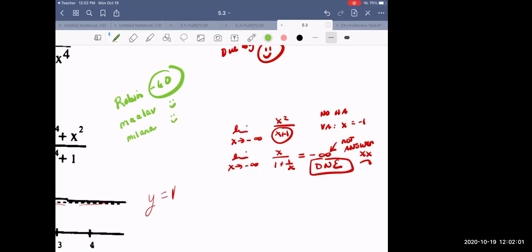Looks like Robin thus far is the only one with -60. Let me continue. What do you mean? I'm on number 9. No, you're not. Anish, what number are you on? Number 7. -40. Seems legit. -40. Seems fair to me. Yeah, you know how I am, right?